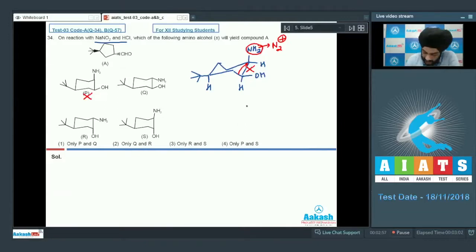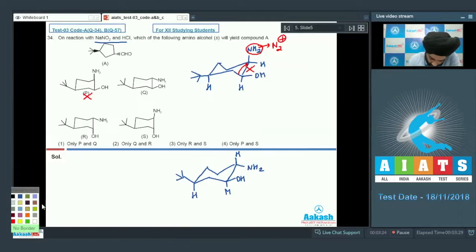Let us look at the second option now. In the second option, we have both the NH2 and the OH groups present at the equatorial position. If you look at the structure, it will be something like this.